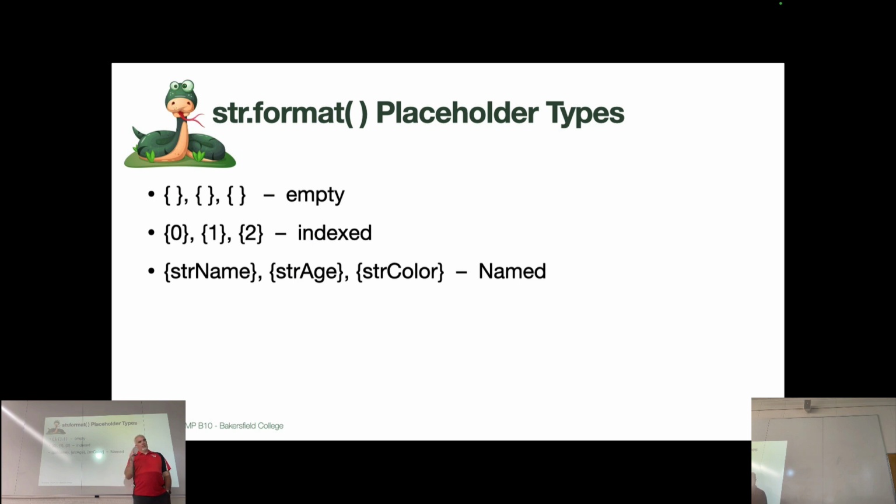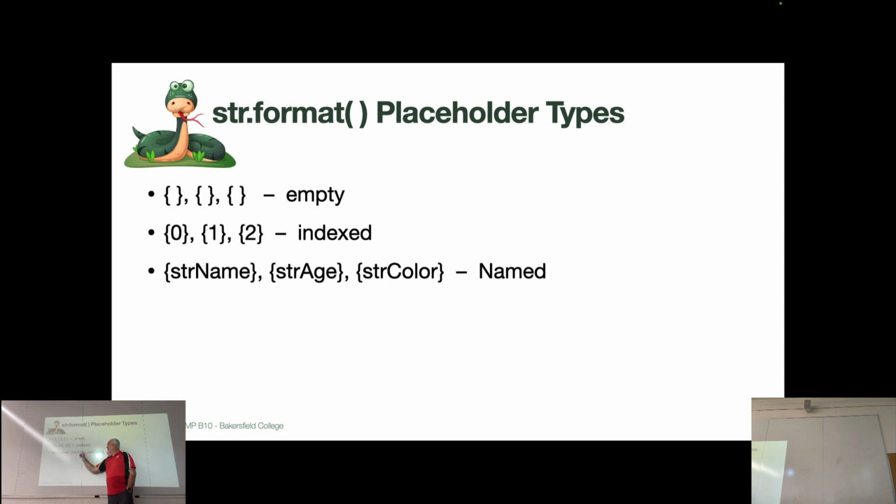A lot of people start with 1, and then they wonder why they're not getting the right thing in the right place. So 0, 1, and 2. This helps you a little bit more than the empty ones because at least here you're keeping track of how many things you're putting in. Possible faults here though, again, starting with 1 or maybe not having the right number of things because you get confused by the index number.